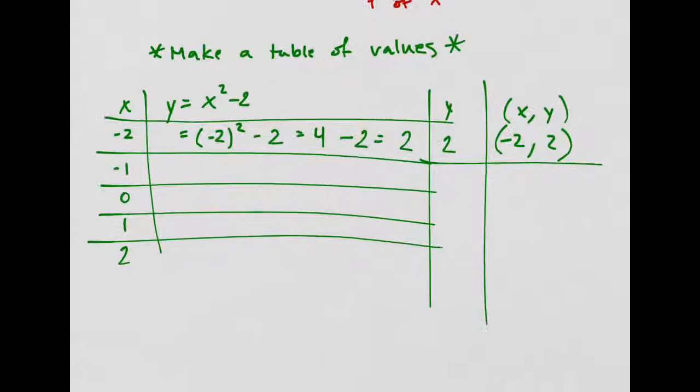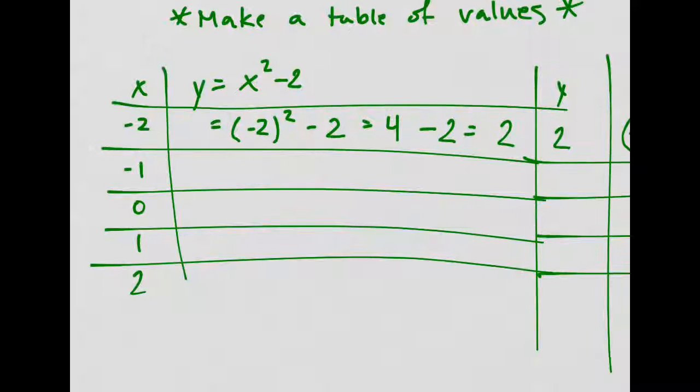Oh, sweet. And then I just plug in all the rest. Negative 1 squared is 1, right? Negative 1 squared minus 2. I'm not going to show all the work. You don't have to show all the work here. You can plug it in, do it in your head. Negative 1 squared, you have to do that first. That's 1, and then minus 2, that's negative 1.